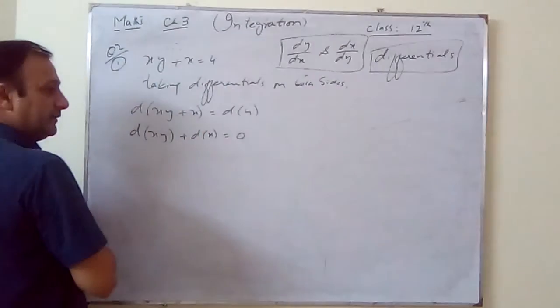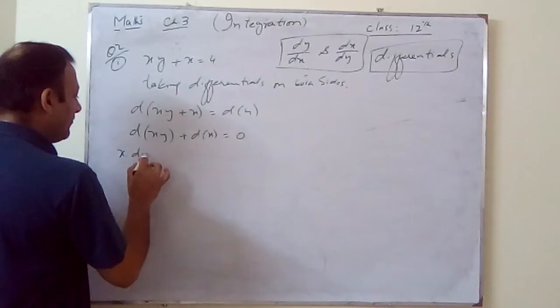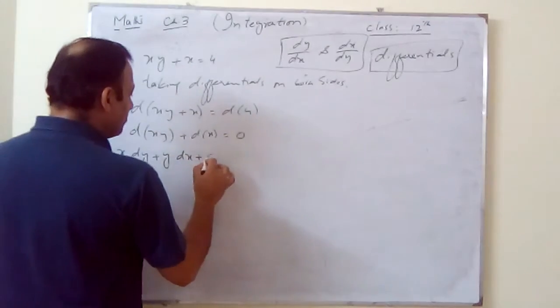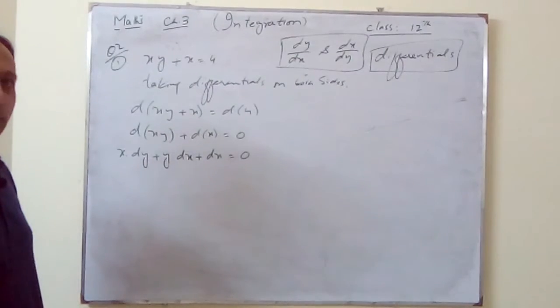So here x into derivative of y plus y into derivative of x plus dx is equal to 0.